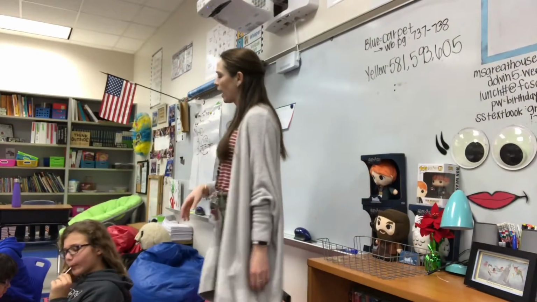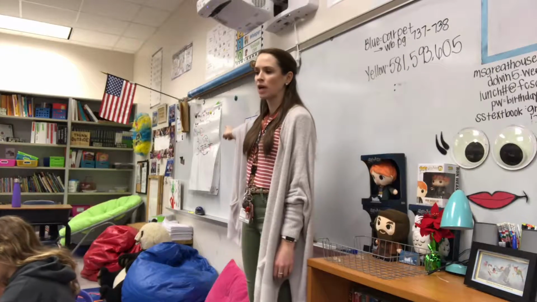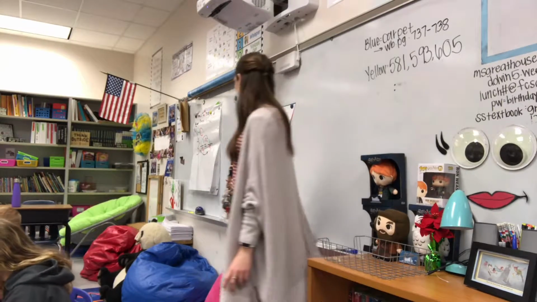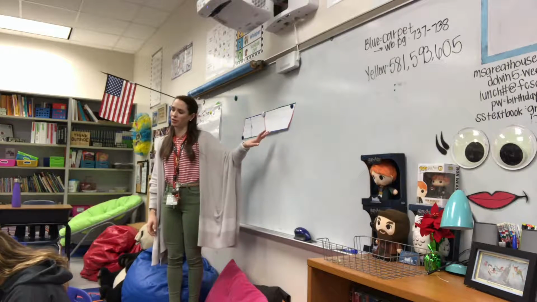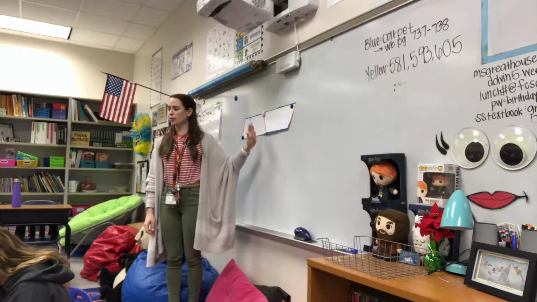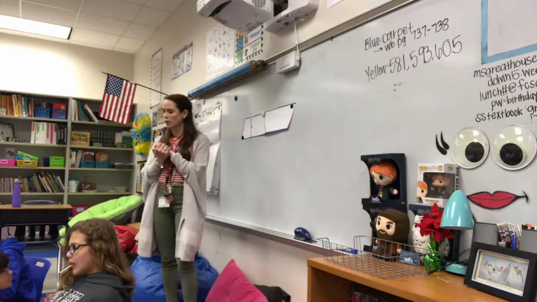All right, we're quiet. After you cut out your 2 congruent trapezoids, you want to try to arrange them into a parallelogram. You're going to glue this parallelogram at the top of your trapezoid notes.